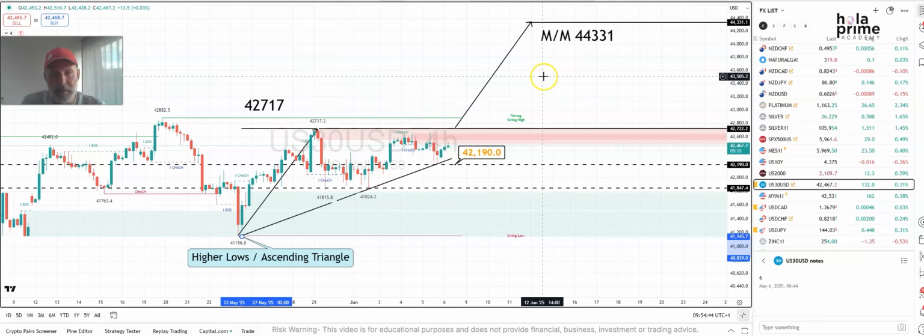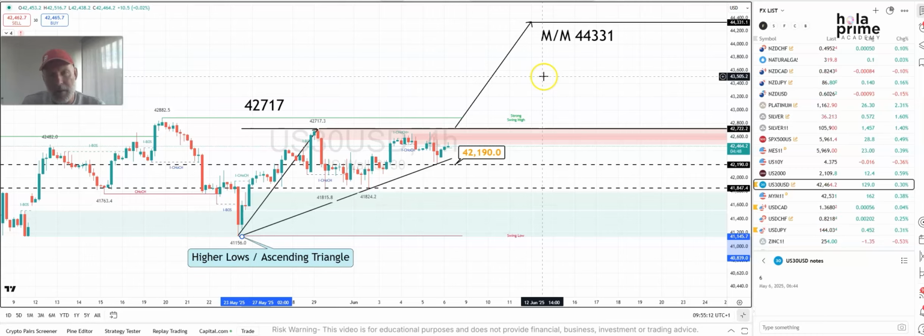Big picture analysis, there's no cipher patterns, there's no ending wedge patterns on US 30 or any of the other stock indices. There's no clear indication that the rally is coming to an end. So I think on a bias basis, the bias is to break to the upside. It is not a product that I am trading, US 30.